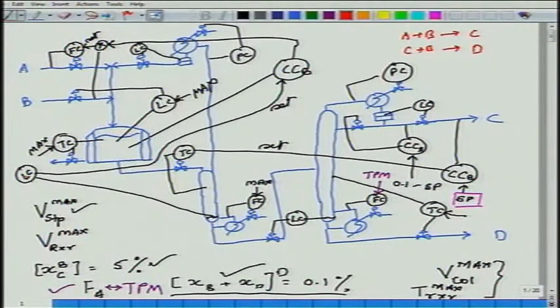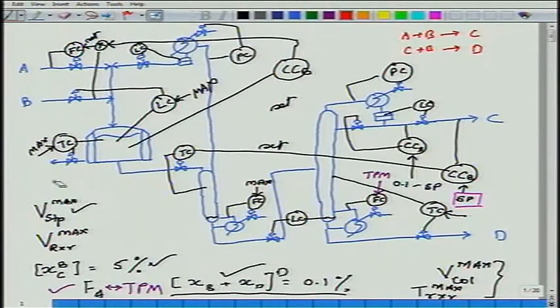What is the next best thing that you can do? In that case, this level controller is not on. Operator vetoes it. What do you do then? Well, then the only way left is to have the level controller this way.